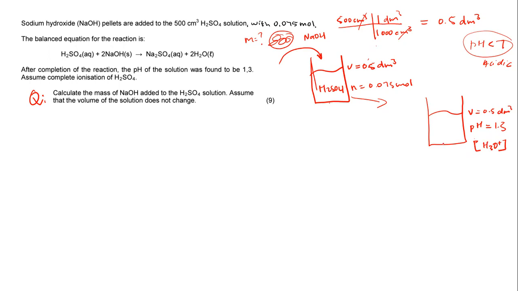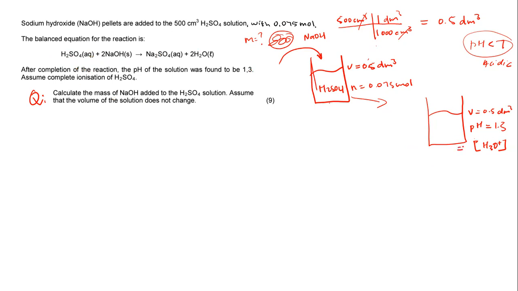Okay, right. The question is, what made the pH of this to be 1,3 amongst our reactants? Most definitely, it is H2SO4. So the concentration of H2SO4 also corresponds with the concentration of H3O plus ions, since the whole solution is acidic by means of its pH, which is 1,3.